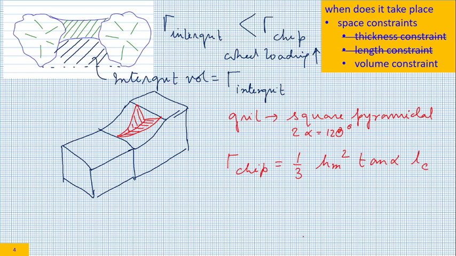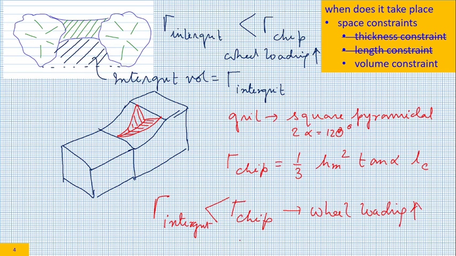If any one of you have taken class note from the video, please check whether I have written it correctly or not, because I derive them on the go, I do not remember them, so I might have made a mistake, maybe. So this is the chip volume that I can recall. If this chip volume is more than the intergrid volume, as we have written earlier, then your wheel loading chance would be more.